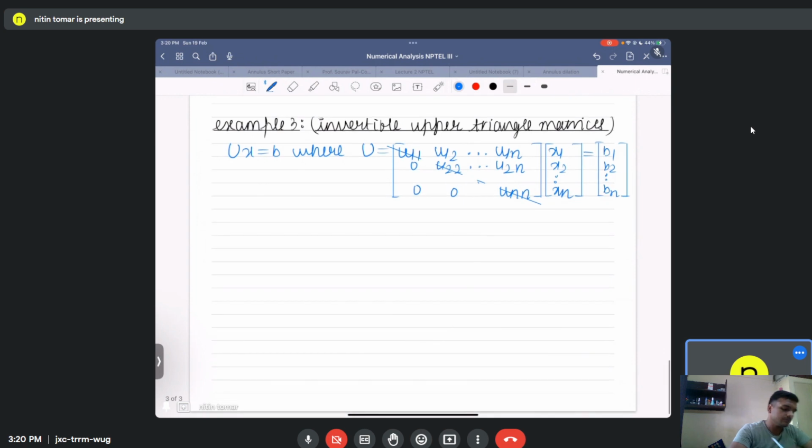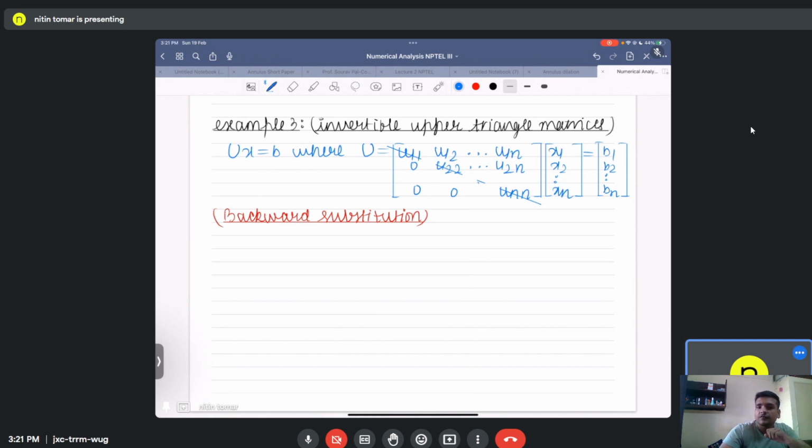Now how will you solve it? You will use what we call backward substitution, and the reason should be clear why one is called backward and why one is called forward substitution. When we use forward substitution, the first value that we get is x1, and the values are attained in order: first x1, x2, and so on.